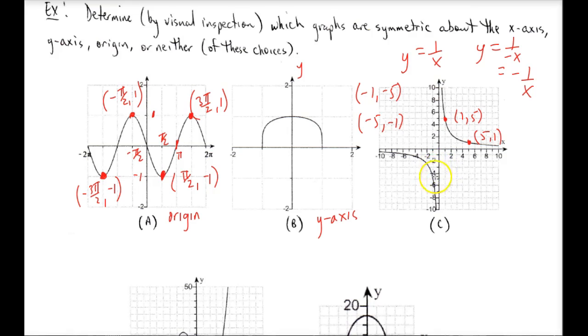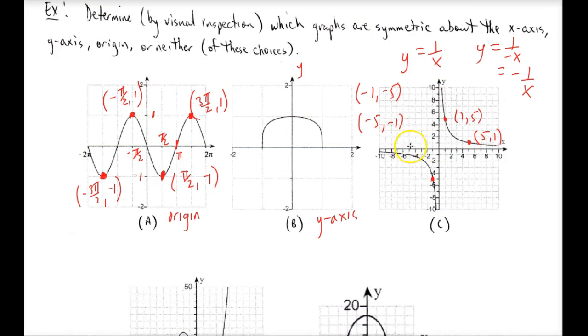Now, if we look here, whenever x is negative 1, we are right at this point right there. So that would be this point right here. So that is the point -1, -5. And then we're also looking for the point -5, -1.